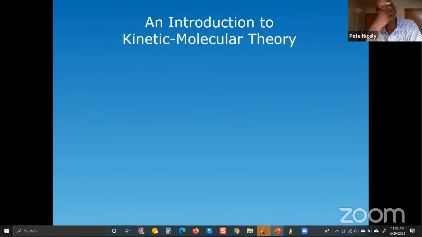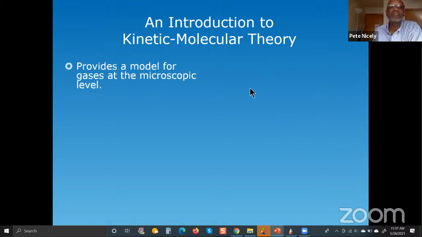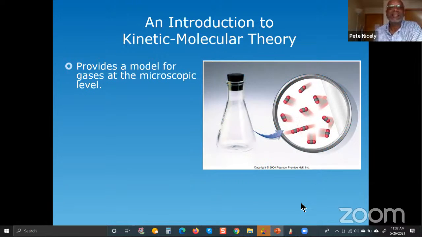Now, in order for us to understand the behavior of gases, we have to appreciate the theory behind it, which is the kinetic molecular theory. And this theory basically provides a model for the behavior of gases at the microscopic level. And then we can basically use this theory to explain the gas laws that we're going to meet later on, all right?